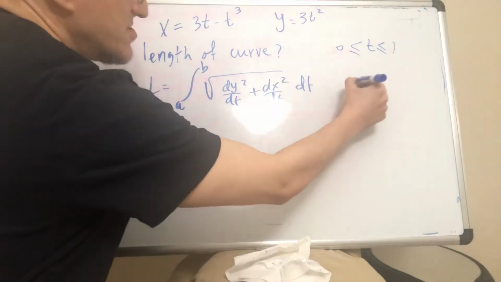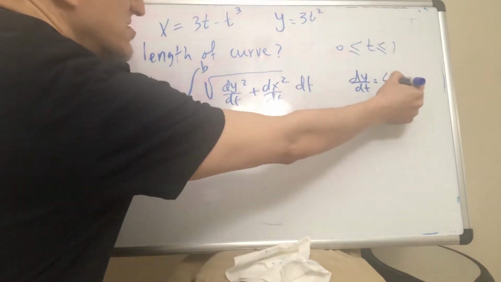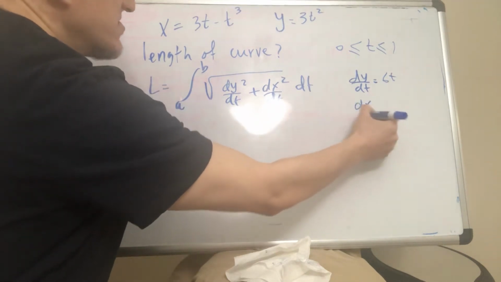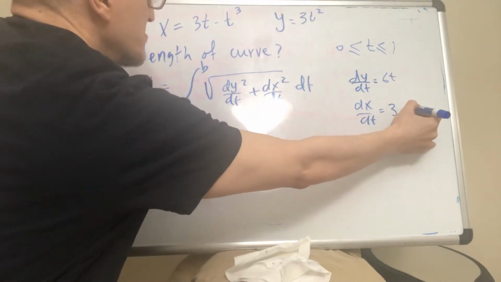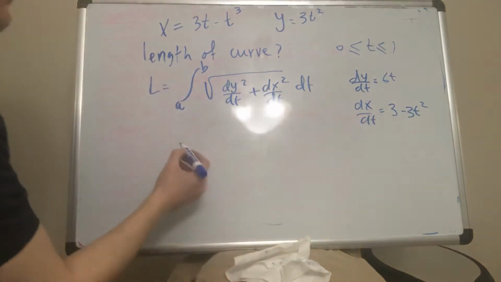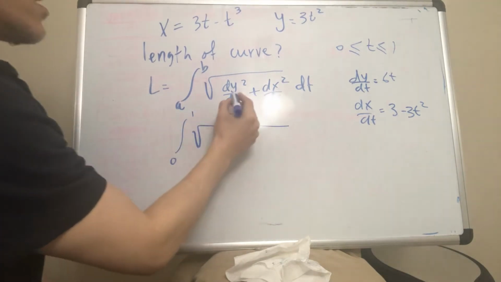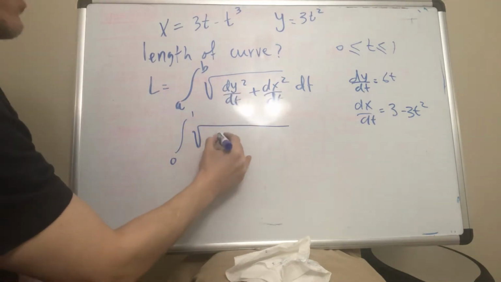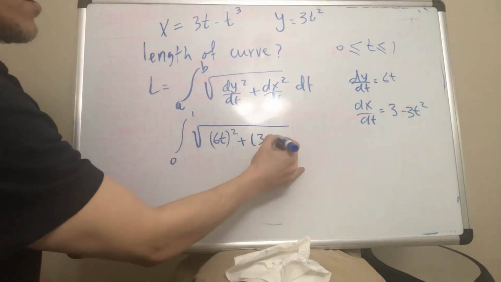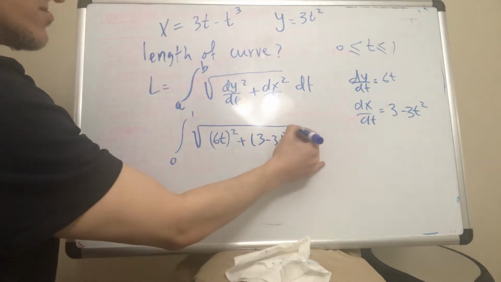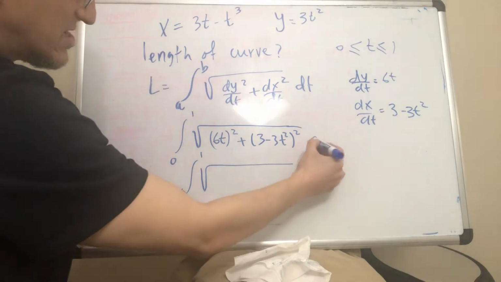So if I find the derivative of this, it would be 6t. And if I find the derivative for x, it would be 3 minus 3t squared. So we're going from 0 to 1. The derivative squared and the derivative squared, and dt outside.